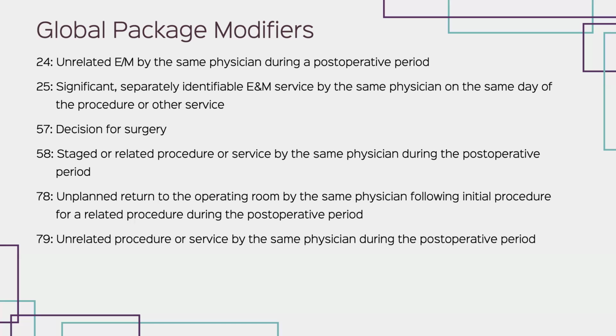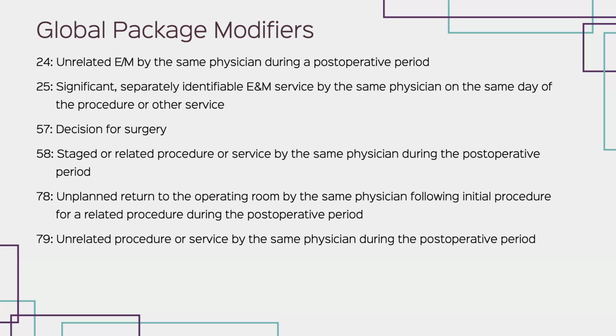So an example of that would be if they have to come in for just a regular office visit, but then they do earwax removal. Then you would put a 25 on the office visit, and then you would bill out the code for the earwax removal to indicate that they were done for the significantly different service.